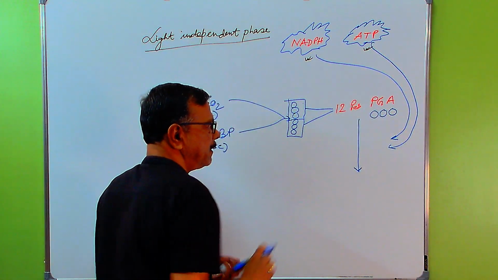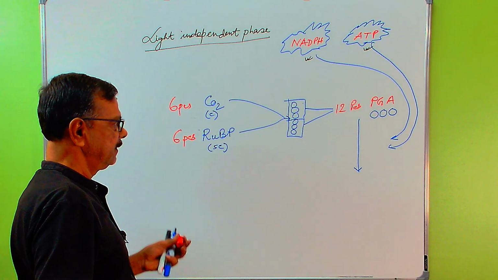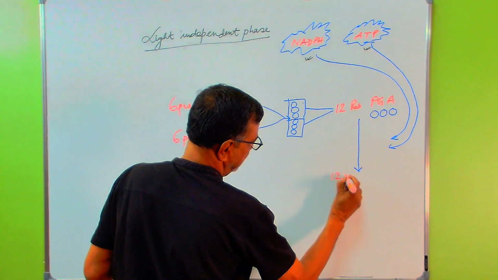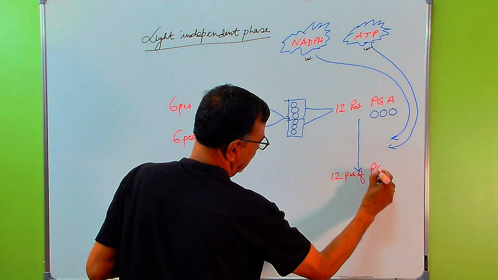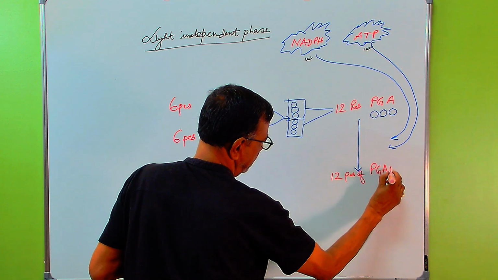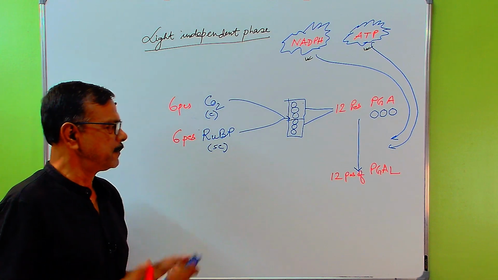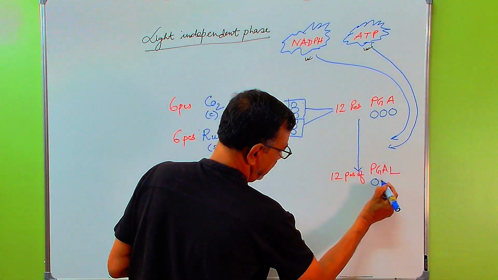From 12 pieces of PGA, phosphoglyceric acid, 12 pieces of PGAL, phosphoglyceraldehyde, will be produced. Each contains 3 carbon.